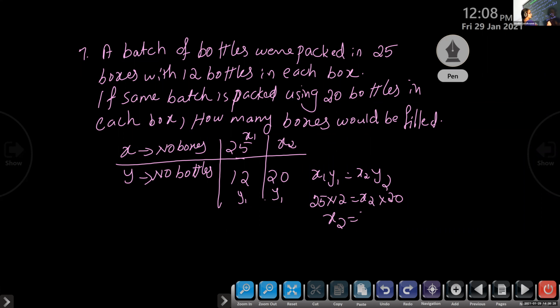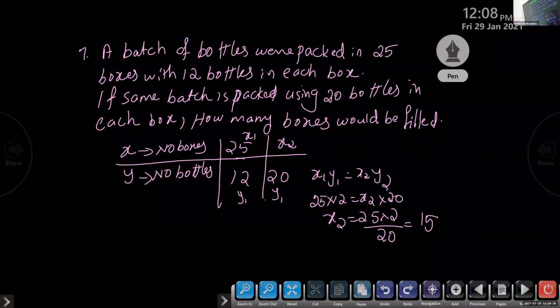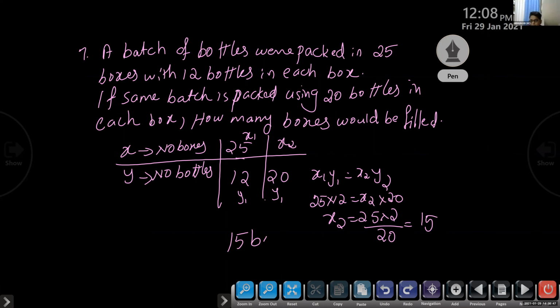So X2 equals 25 into 12 by 20, that is equal to 15. So instead of 25 boxes, if we are putting 20 bottles in each box, we need only 15 boxes.